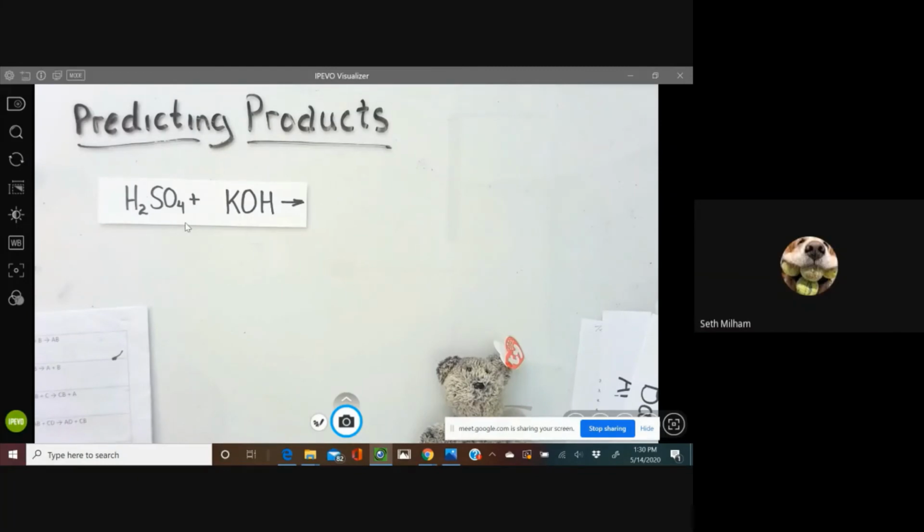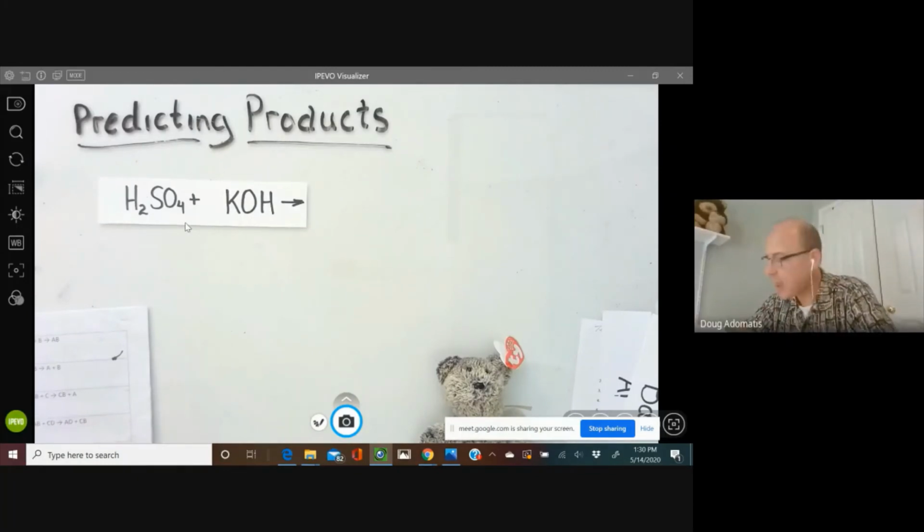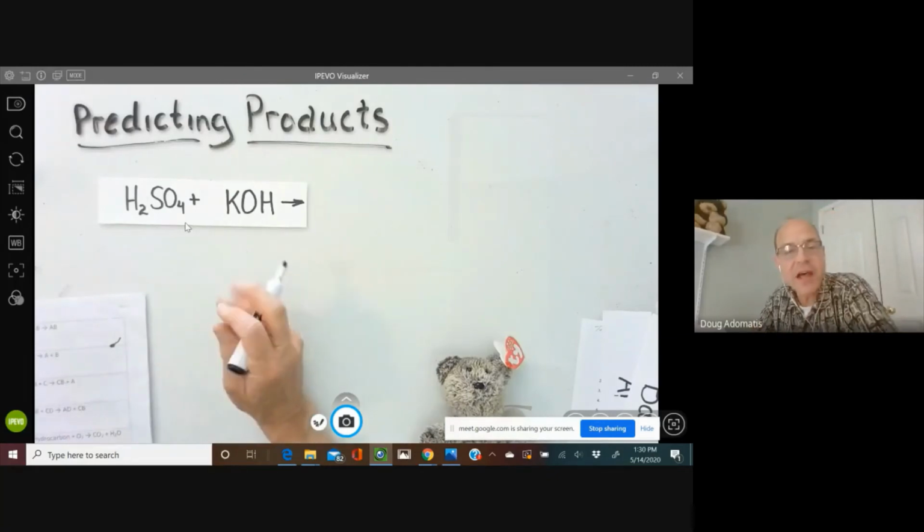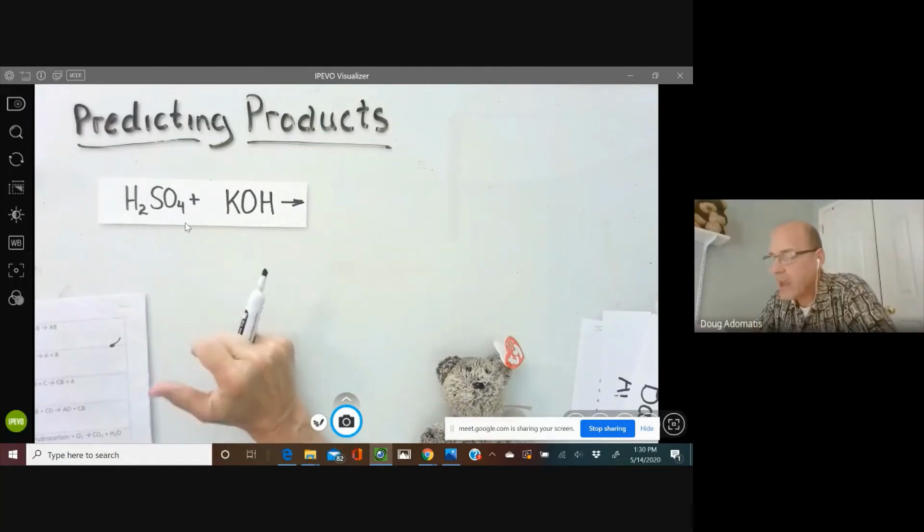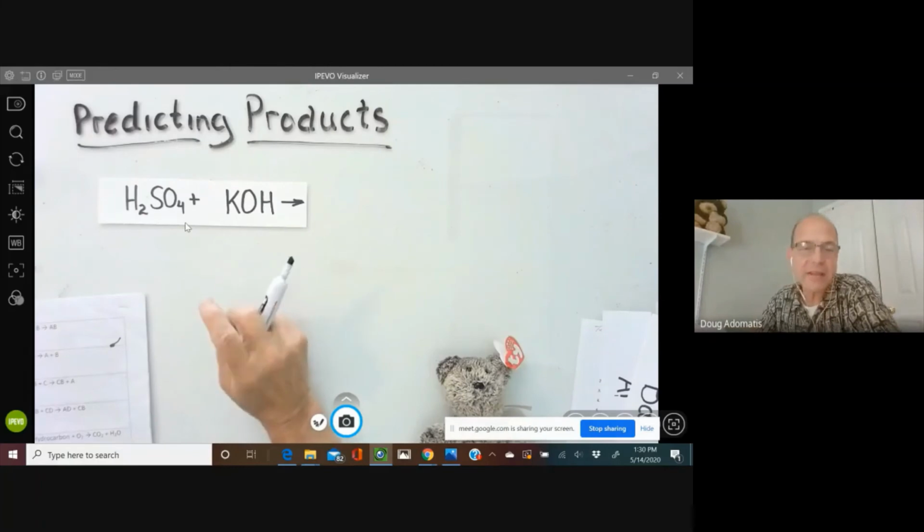Double displacement? Yes, double displacement. Yes, absolutely. Because for one, if it's got this many elements in it, it's pretty complicated, right? It's not simple, and I don't want to overplay that, but a lot of the examples that you're going to get, if it's a synthesis reaction, it's going to be pretty simple. If it's a decomposition reaction, it's going to be pretty simple.